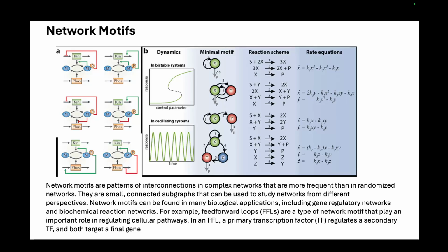Okay. So these are small connected subgraphs that can be used to study networks from different perspectives. Network motifs can be found in many biological applications using gene regulatory networks and biochemical networks. We'll come to different types of these network motifs in a later slide, but this is basically what a network motif is and how they are modeled.